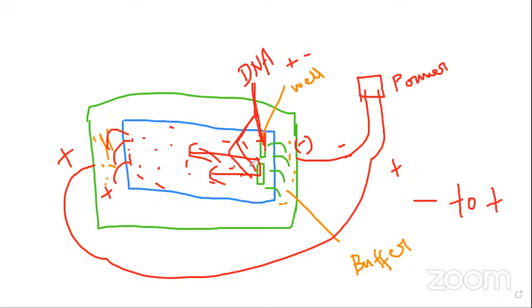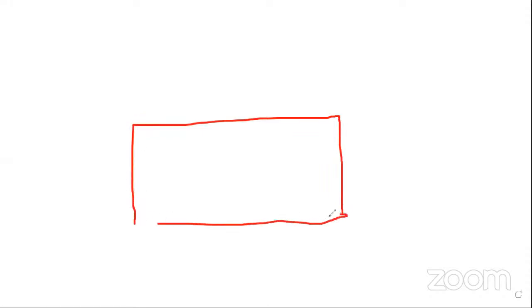So that time what happened? I will show you. So this is the plate. I draw the plate here so it can be easily understood. The samples are already loaded in the well.